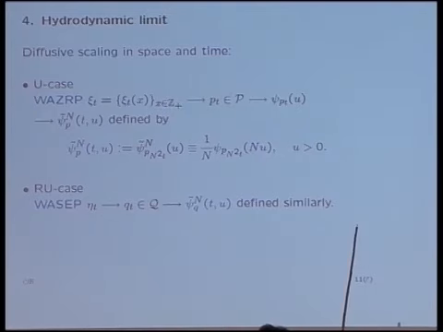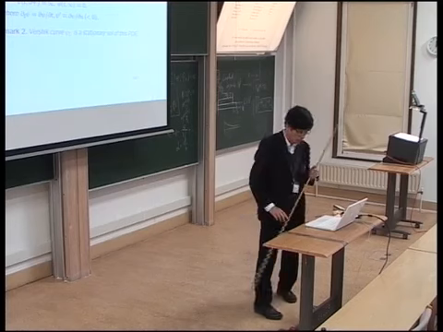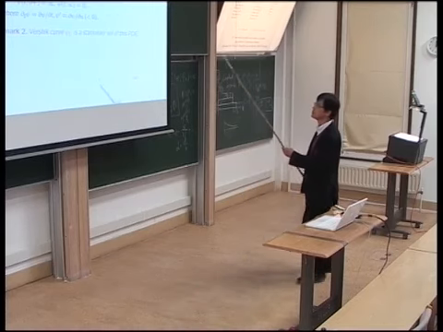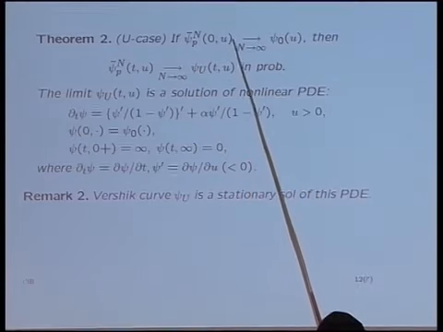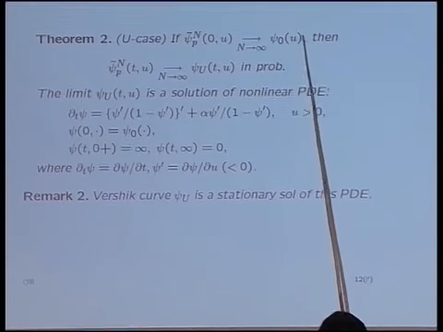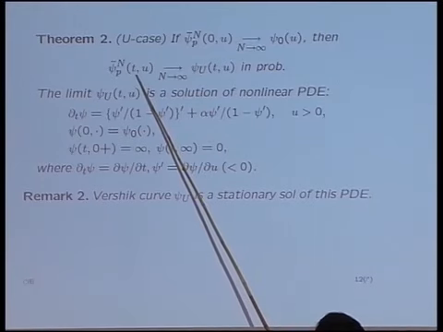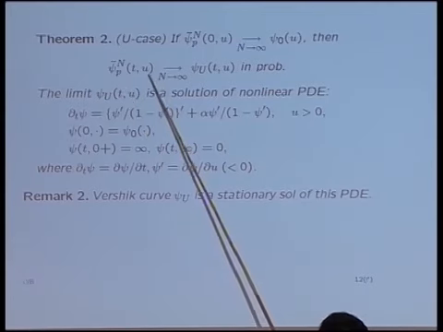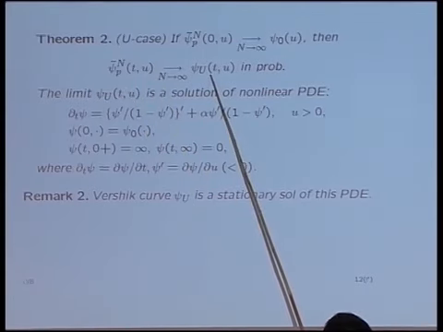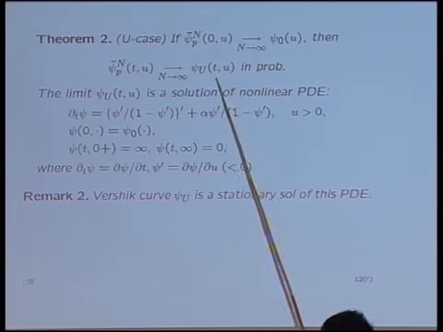So what we can show is the following. Our first main theorem is this one. If initially this converges to something, then for t positive, this scaled random motion of Young diagrams converges to something. This is a random motion, but the limit is actually non-random.